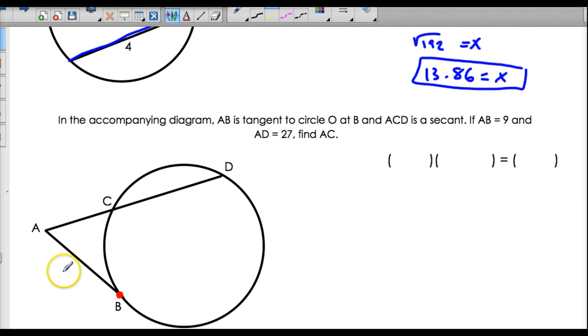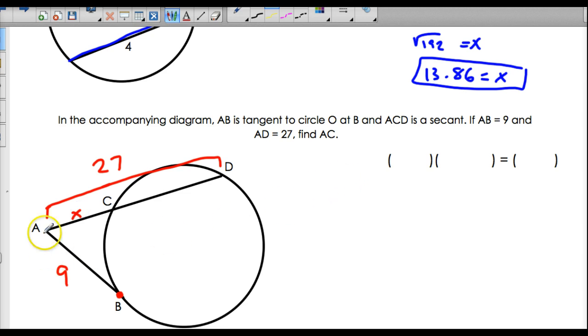If AB is equal to 9, and AD, which is our whole thing, is equal to 27, what is AC? And since we don't know what AC is, let's put an x there. We don't know something, so we just added it in ourselves. AC is going to be our x.